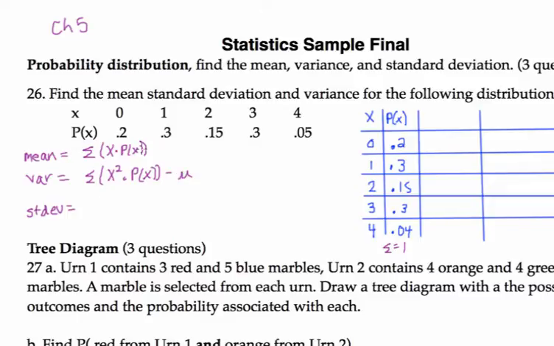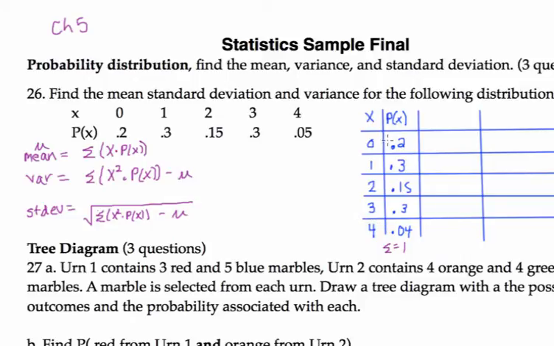The mu is the mean. Standard deviation is just the square root of that stuff. So now I have to figure out what all this stuff is.